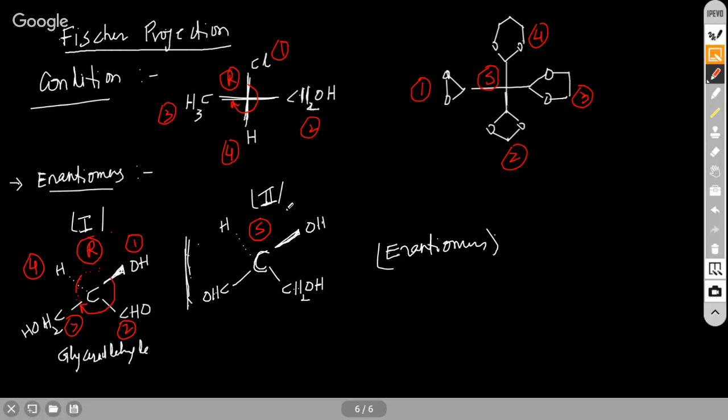Got it? Understood, guys? Same molecular formula but different configuration. Any doubt?